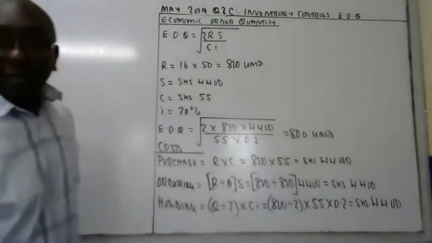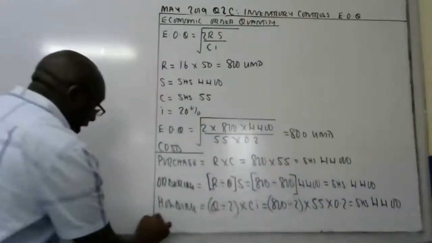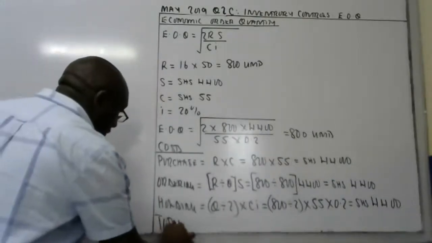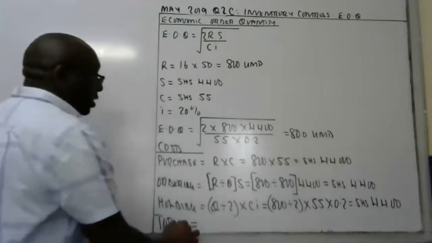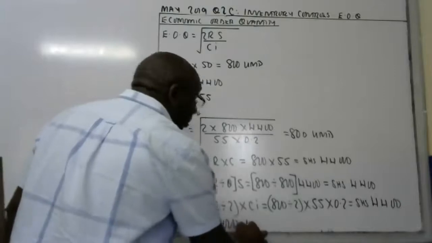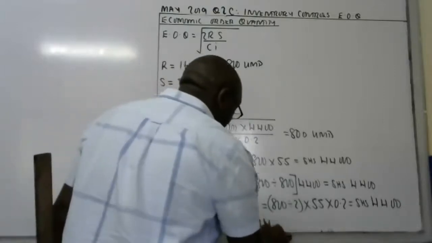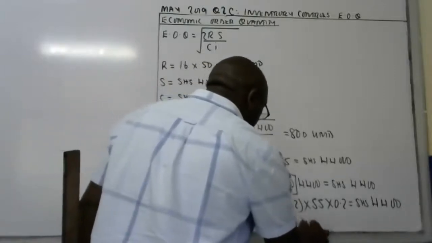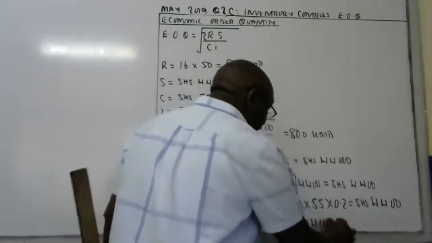So if that is confirmed, then my total should be 44,000 plus 4,400 plus 4,400.